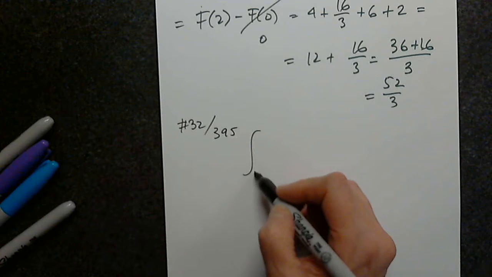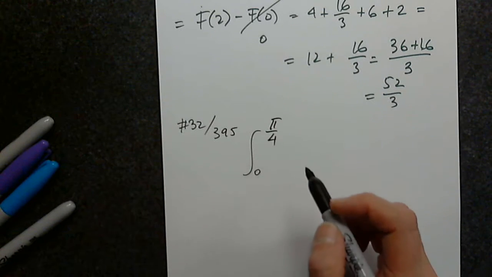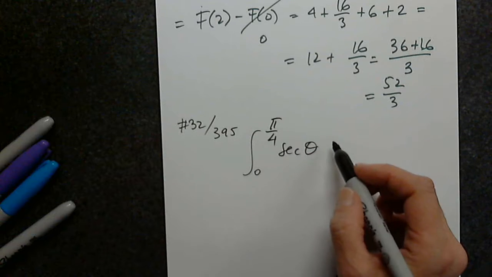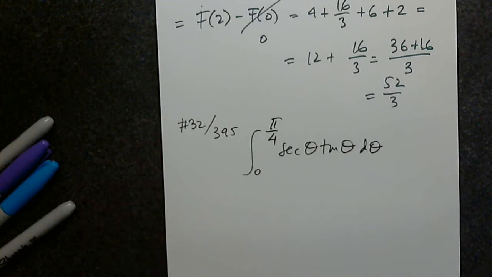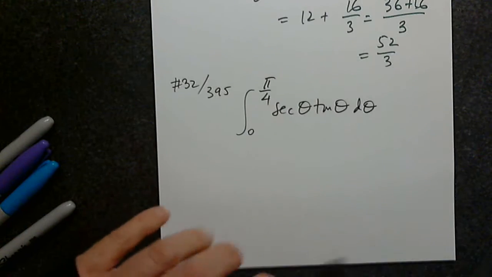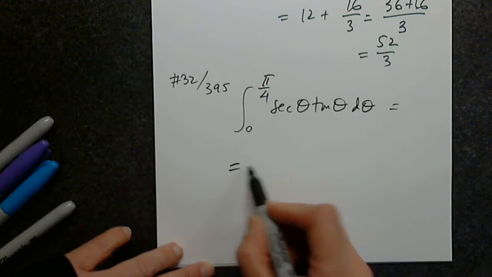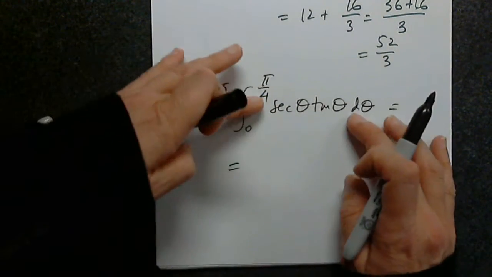Okay, the integral from 0 to pi over 4 of secant theta times tangent theta, and of course times d theta, not delta theta. Delta is in the limit of the Riemann sum. D theta is part of f prime of x dx. Okay, the differential.